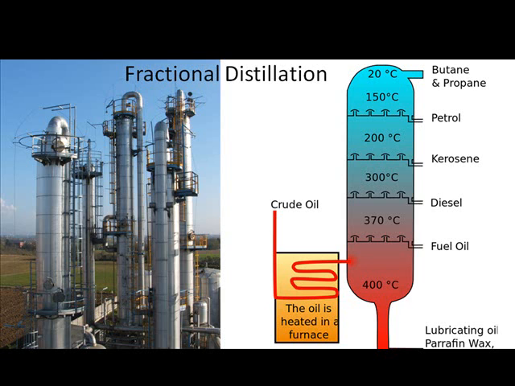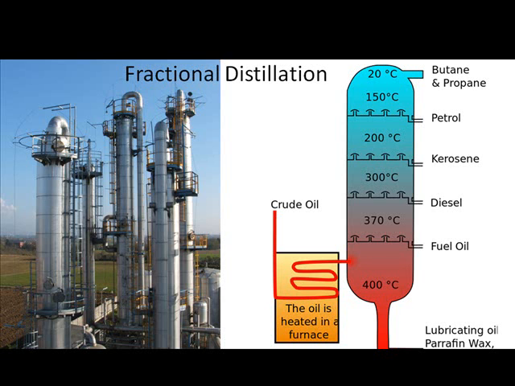So what they do is they turn all the crude oil into a gas, but then they push it into this big tower, and the different materials turn to a liquid at different temperatures. And they simply then bleed out or pull out the liquid form of just that material.